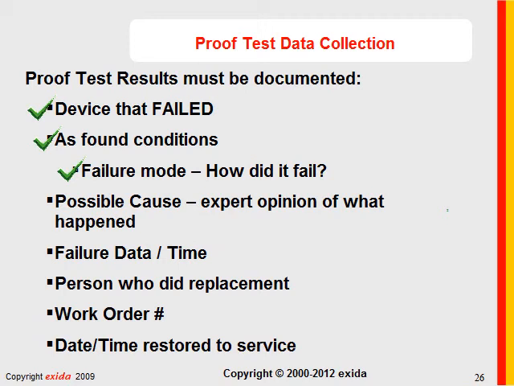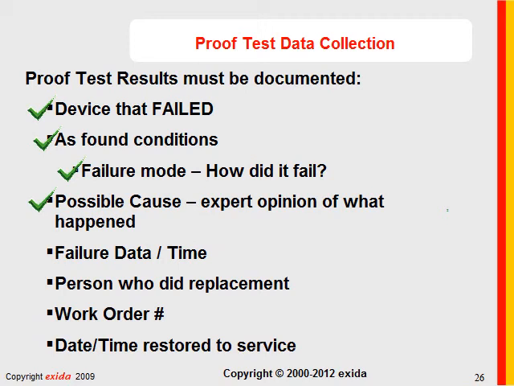Let's say it's not. Well, that's a failure. It very well could be so far out of calibration that it could have not responded to a process demand. That's the definition of dangerous failure. So you write that down as the as found conditions. And the failure mode was out of calibration.